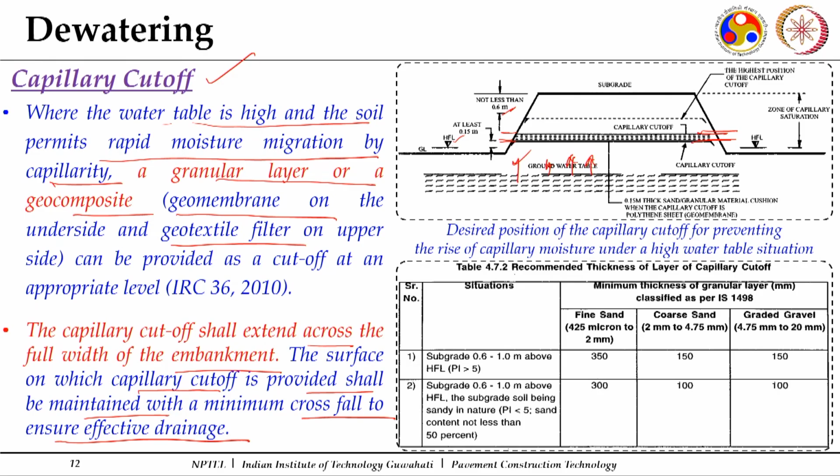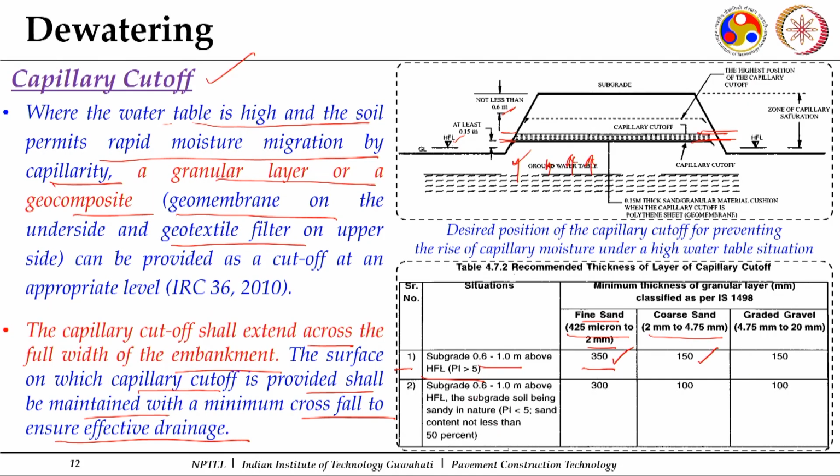What type of materials can be used and what thicknesses are recommended is again given as per IRC 36/2010. If you have a subgrade 0.6 to 1 meter above the high flood level with a plasticity index of greater than 5, then if we use a fine sand of 425 microns to 2 mm as the capillary cutoff, a thickness of 350 mm is required. For coarse sand, 2 mm to 4.7 mm, this thickness is required.